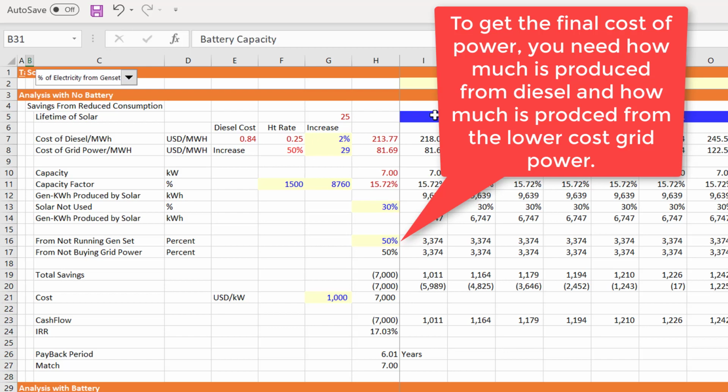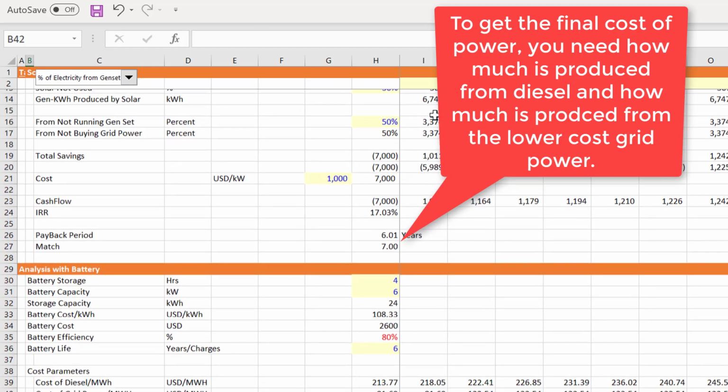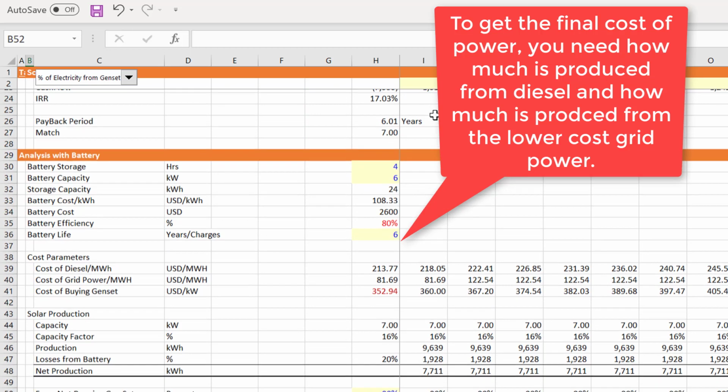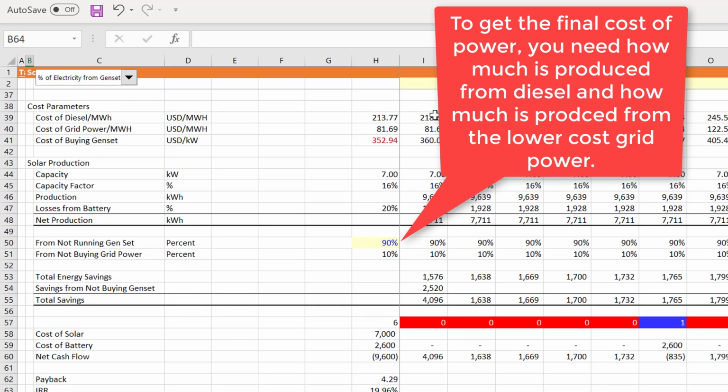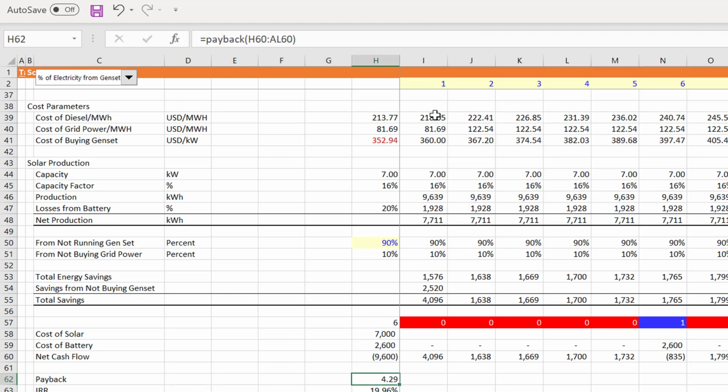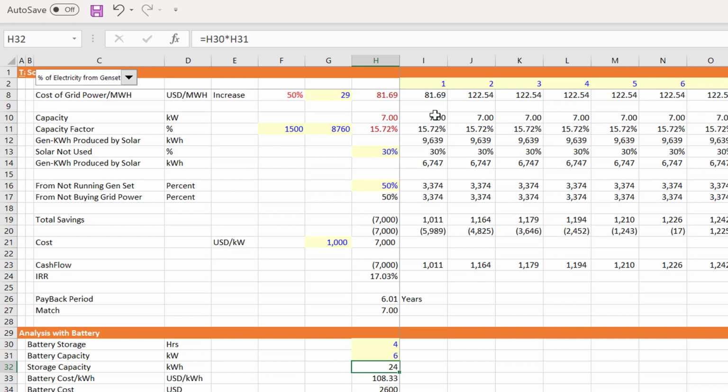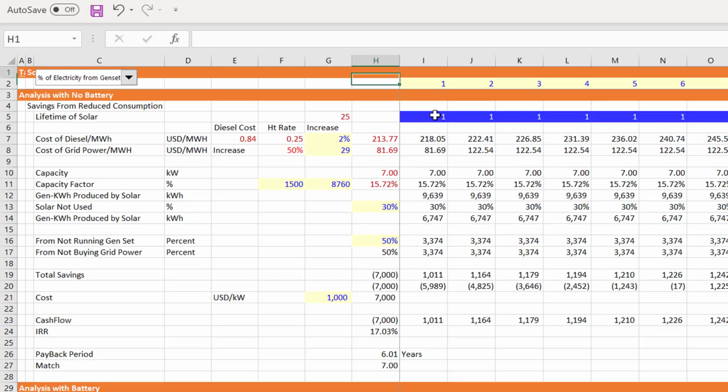And then I'm going to add the battery into the analysis and see what changes with our battery analysis and what happens ultimately to the payback period if you have batteries and solar versus if you just had solar itself. So we can isolate and see if the value of the battery is helping you or hurting you.